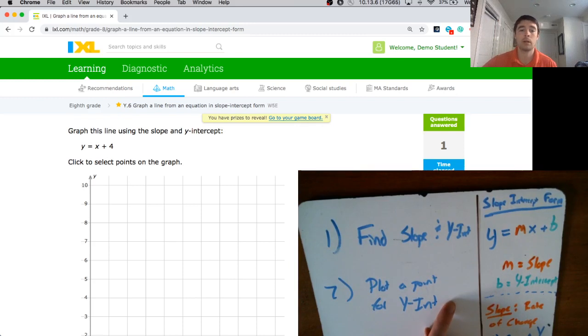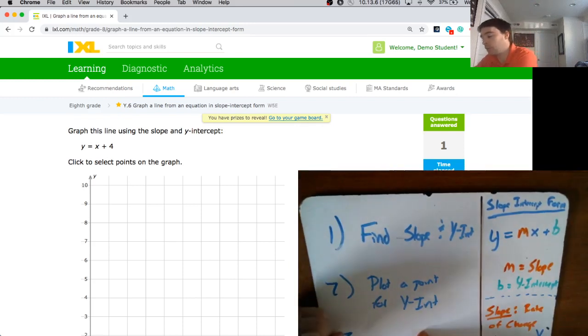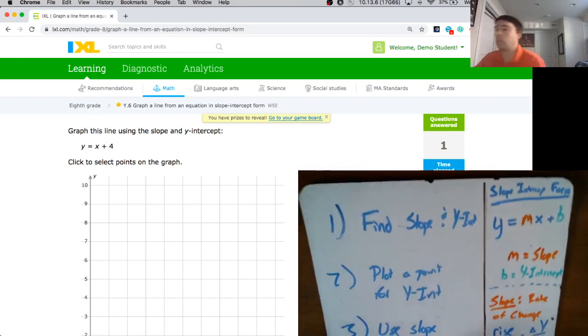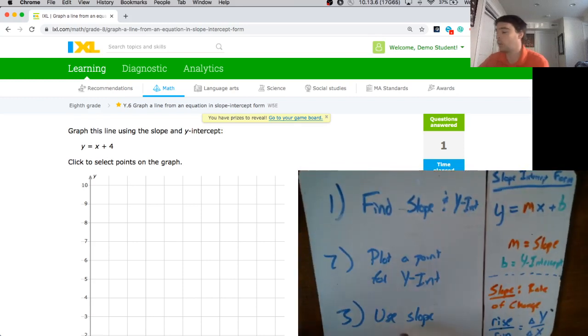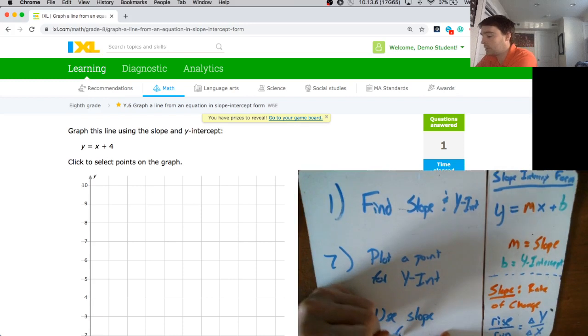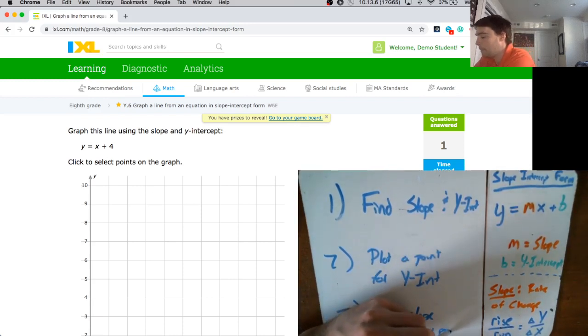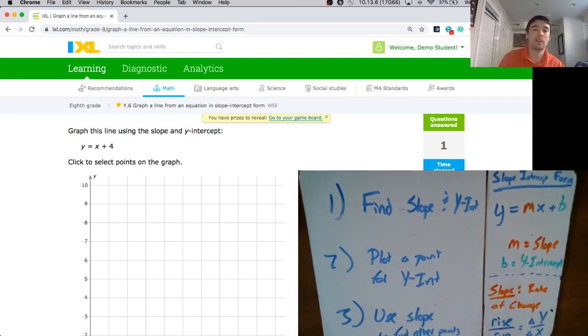Second thing I did was plot a point for the y-intercept. And the third thing, I use that slope to find other points. So hopefully that 3-step process works for you. Find the y-intercept and the slope, plot the y-intercept, and then use the slope to go find more points to finish the graph.